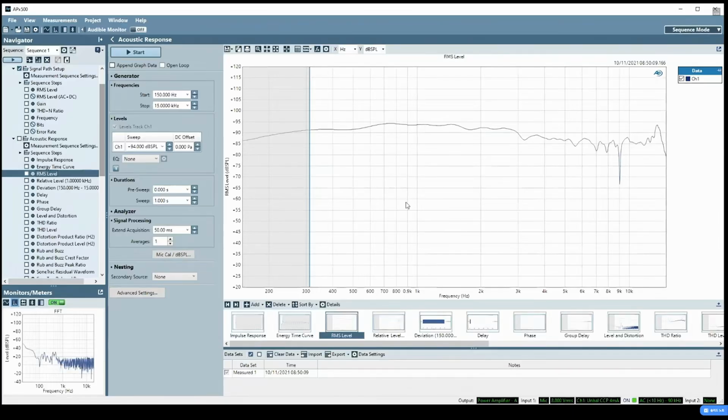And this is as we discussed in the slides. So dependent on the environment, dependent where your first reflections are, this could be a case for carrying out near field and far field and splicing the two together.